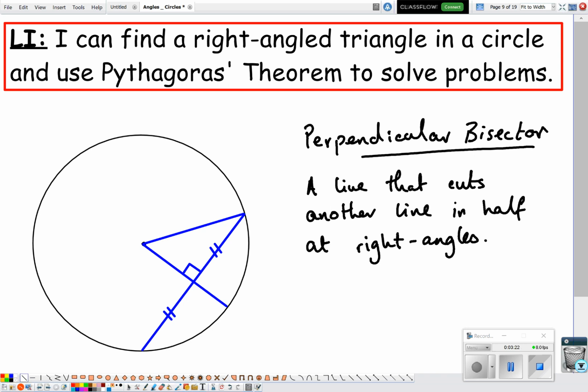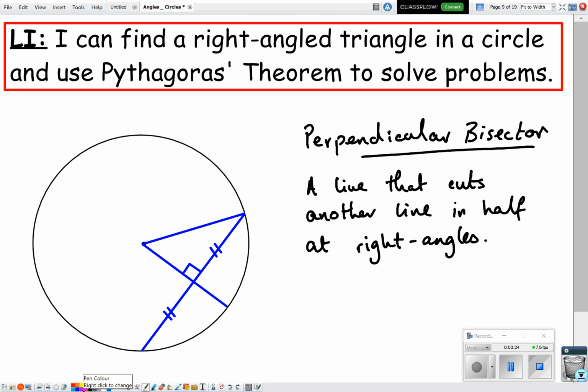That line that I've just drawn has a special name as well, because in relation to that circle, it isn't just the hypotenuse of that right angle triangle, but it's a radius.